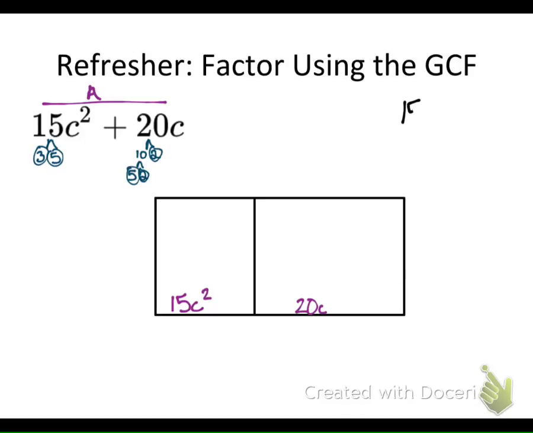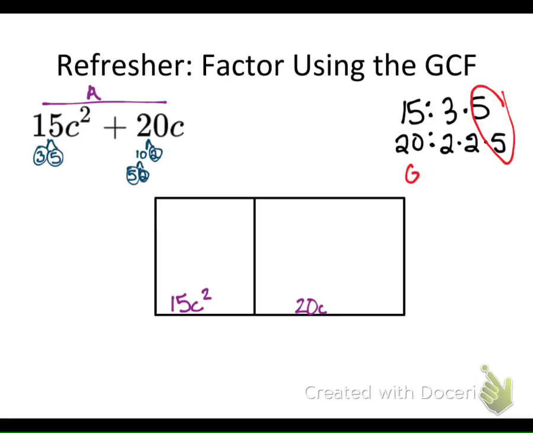So I have 15 is equal to 3 times 5. And then I have 20 is equal to 2 times 2 times 5. All right, numbers that are the same in both 15 and 20: 5. Anything else? No. So my greatest common factor is going to equal 5.